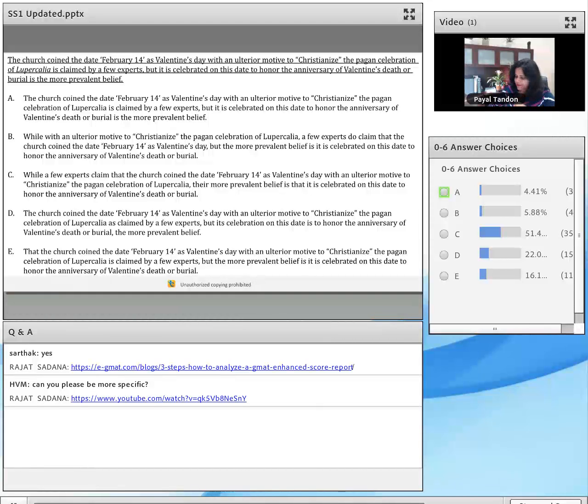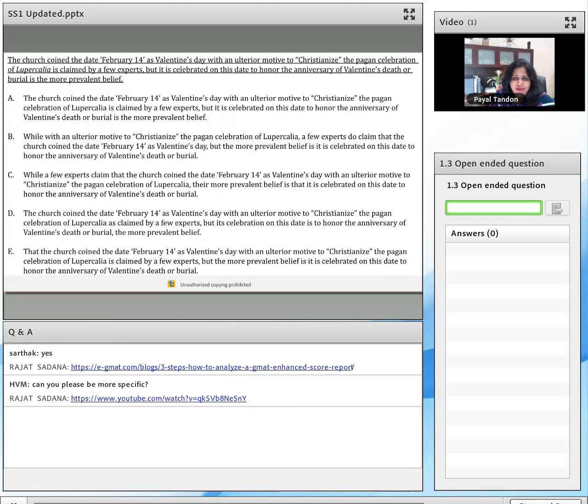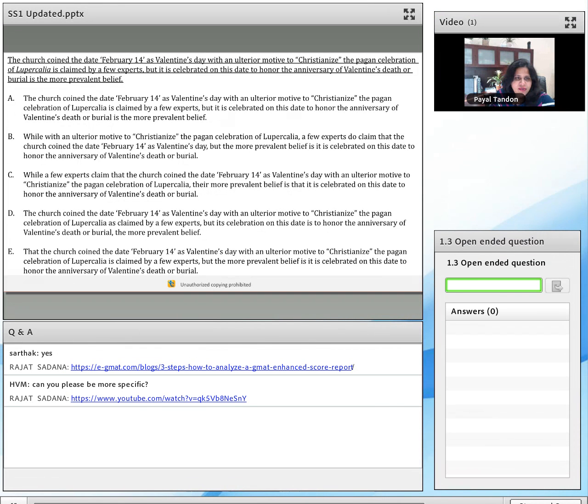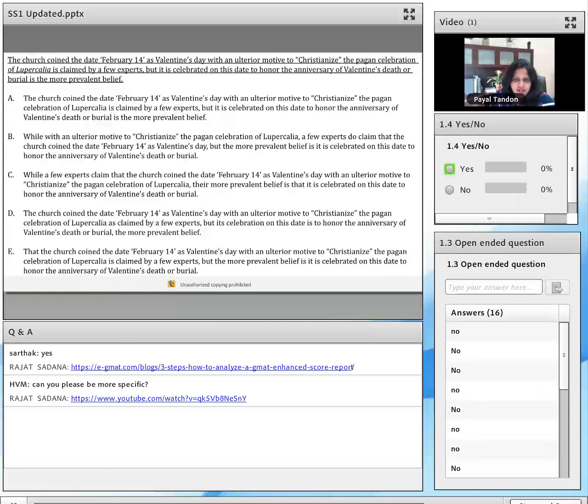Okay, I'm going to tell you the correct answer shortly. But tell me, is it possible to solve this question using the splits method? Let me get the yes/no poll as well. So tell me, how would you solve this question using a vertical scan?